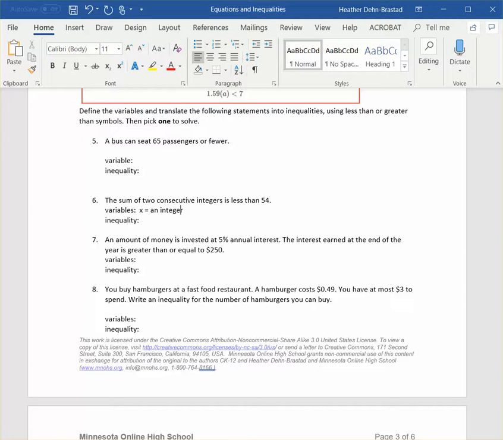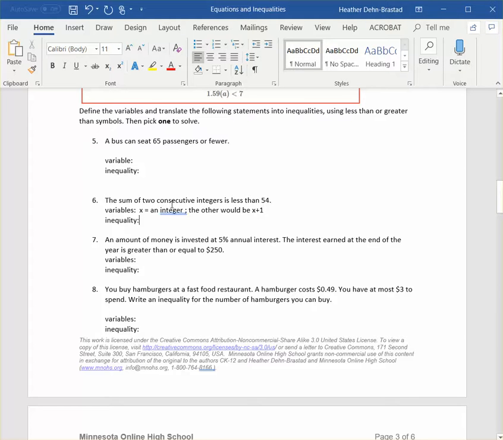We only need one variable for this problem because the other integer then, the one right next to it, would be x plus 1. Because if you did 7 and 8, if 7 was x, 8 would be 7 plus 1, x plus 1.